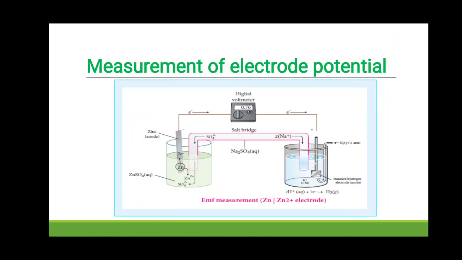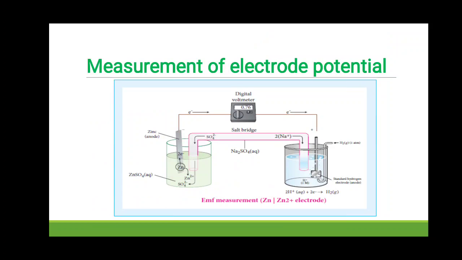The left side, the anode compartment, consists of a zinc strip dipped in zinc sulfate solution. The right side is the standard hydrogen electrode, which acts as the reduction.